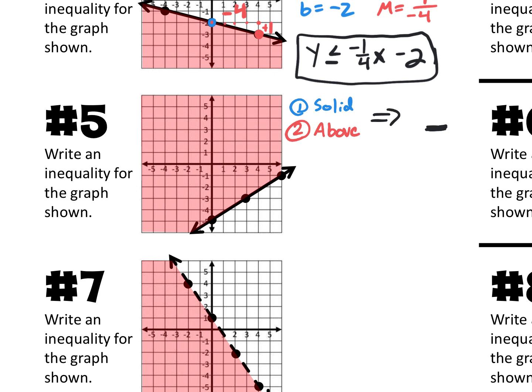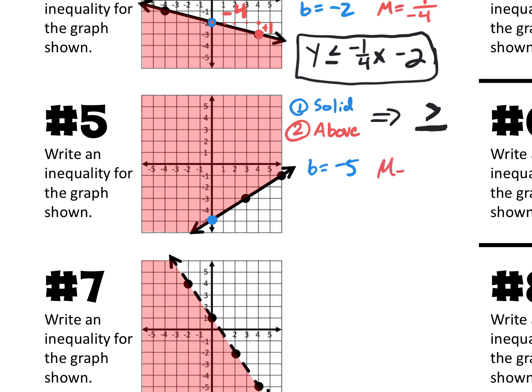To shade above, you face forward. So the inequality here is going to be greater than or equal to. The next thing you got to do is go through and find your stuff. Where's your b value? Where it crosses the y-axis, which is -5.